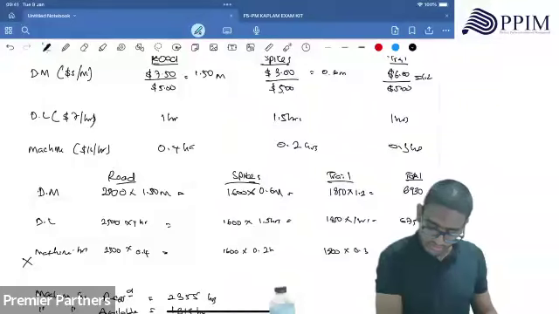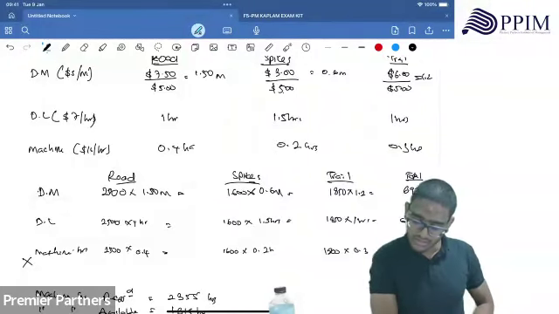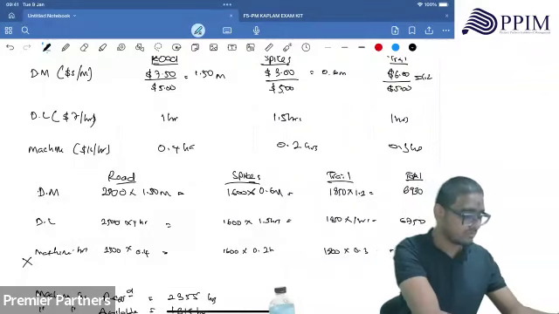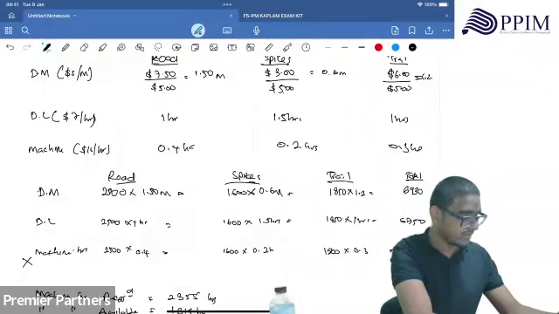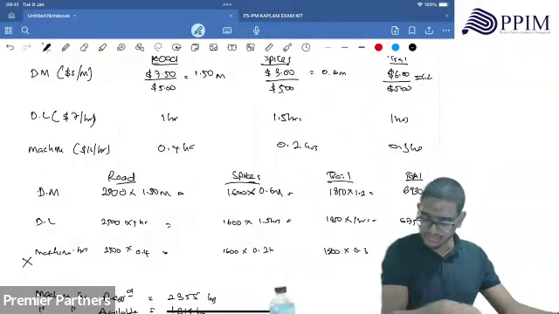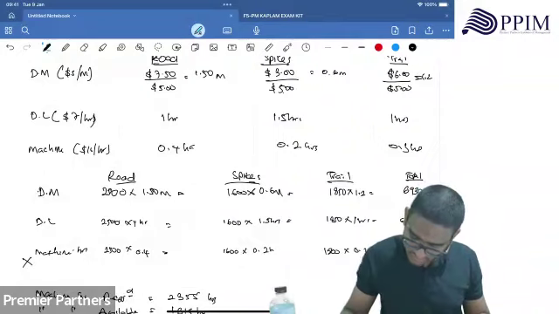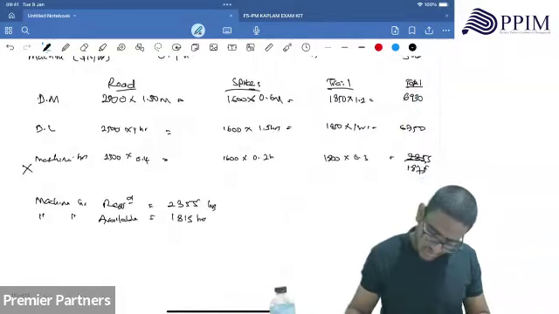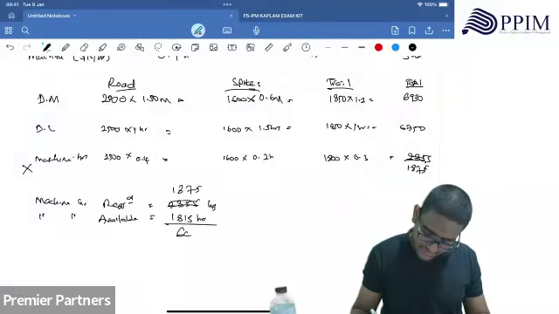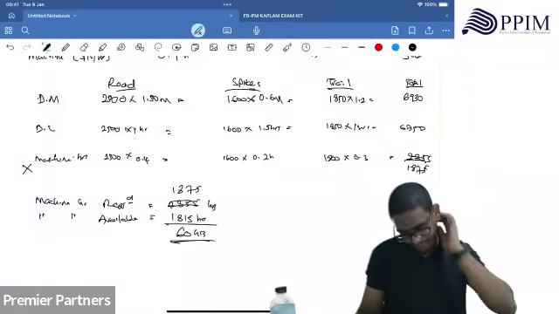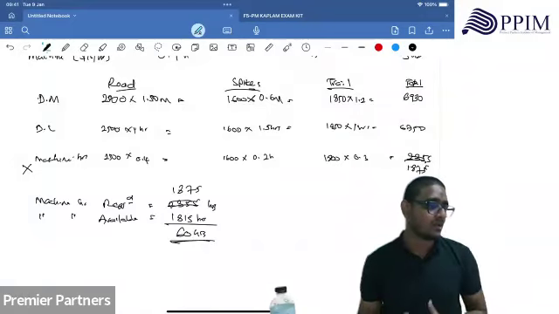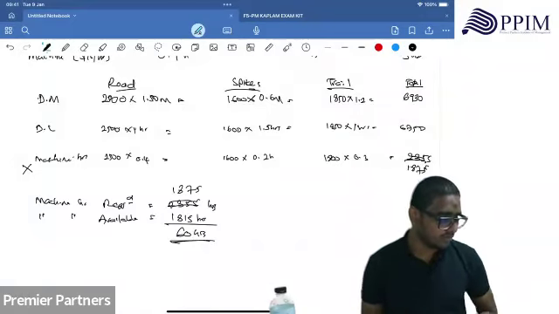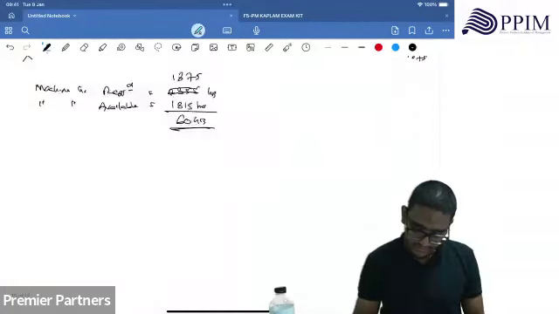Please check your values. Can't be getting different values. I got 1800 and something. 1875, yeah. So 1875 is the ideal answer. So there's a difference of 60 hours. Okay, quickly work out your contribution per limiting factor.